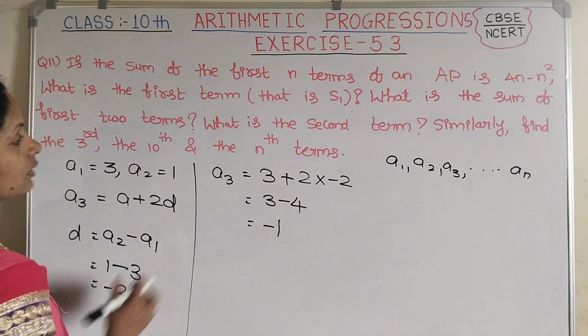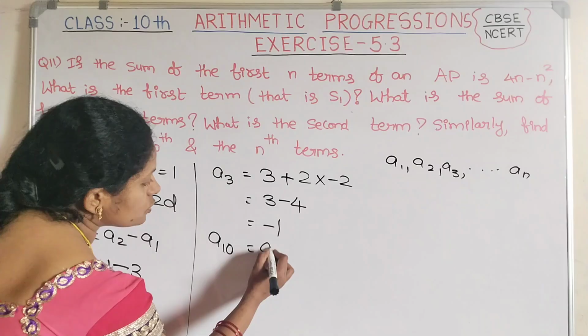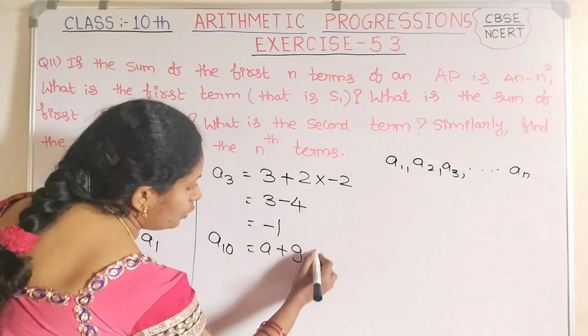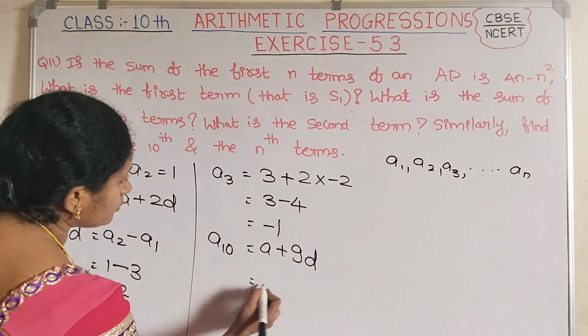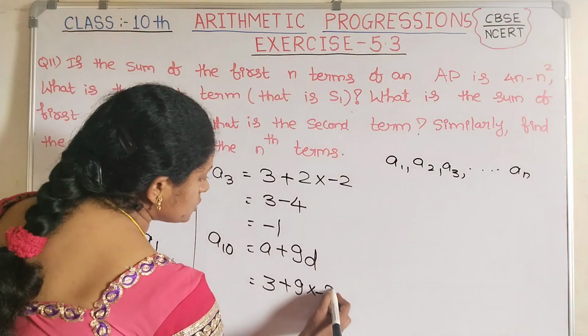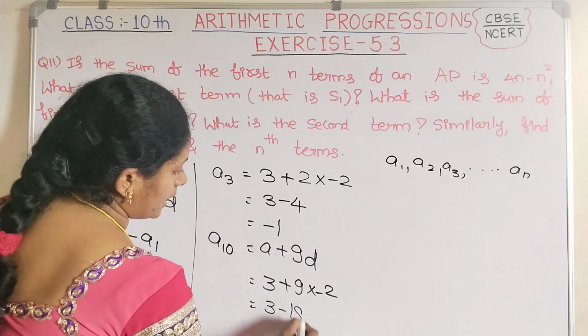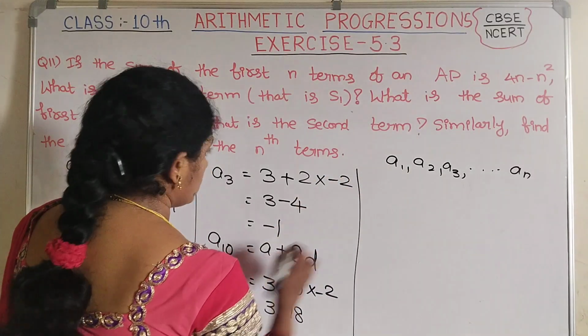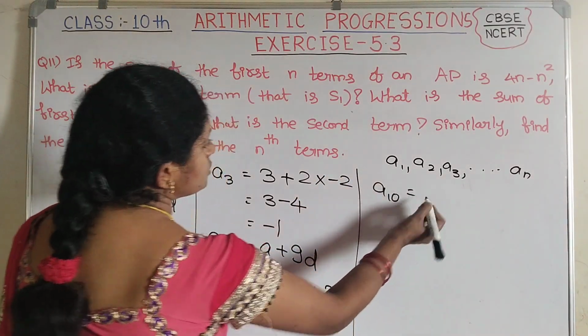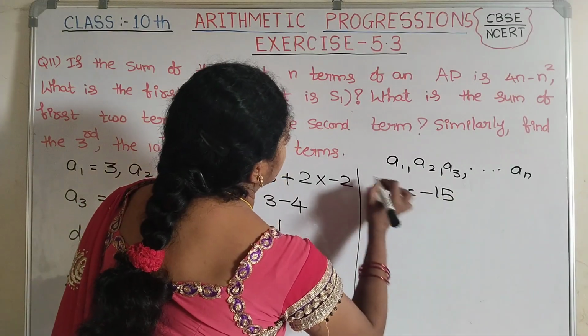Next, the 10th term means A10 is equals to A plus 9 into D. A is 3 plus 9 into D value is minus 2. 3 plus into minus is minus, 9 into 2 is 18. A10 equals to 3 minus 18, minus 15 here.